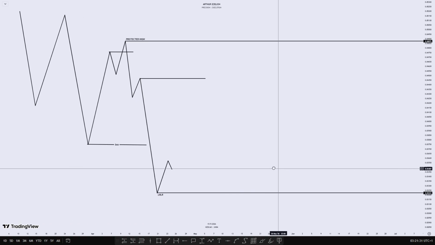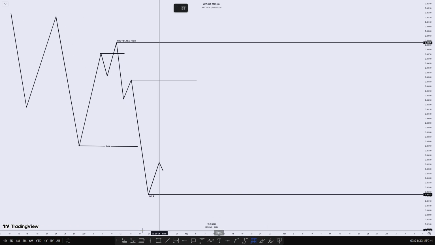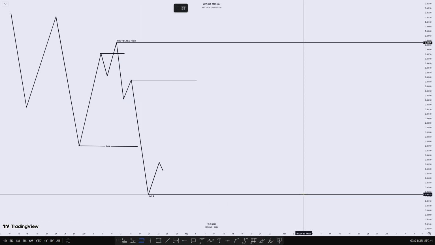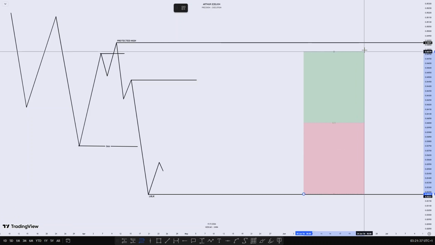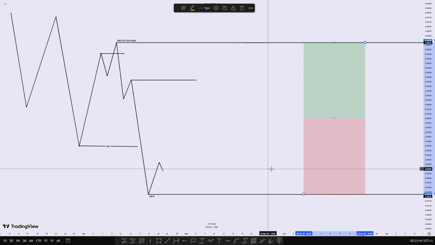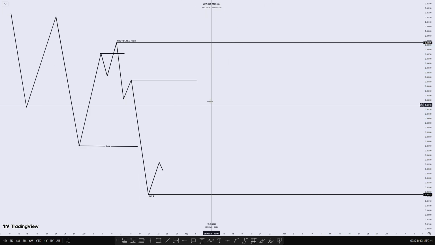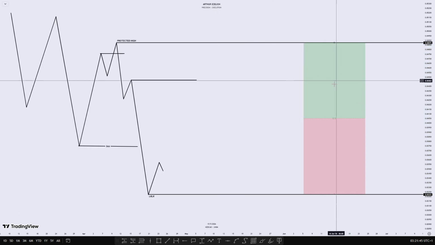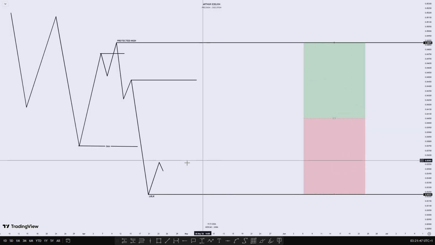So if you want to mark our premium and discount, we can mark it from this low to the high. Anything above is premium, anything below is discount. If you're looking for a sell setup, you're looking for it around this point, buy setup around this point.